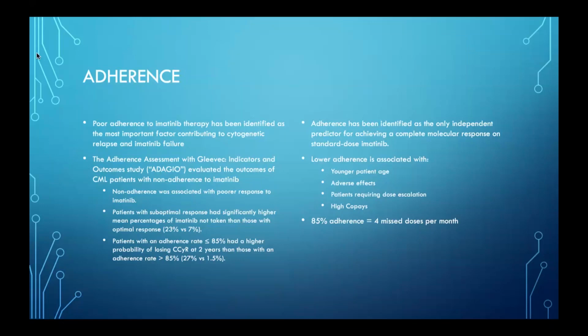In terms of trying to think who is at risk for non-adherence, we would be thinking of patients who are younger age, those experiencing adverse effects, those requiring a dose escalation, or people with high copays. And so this is something that should be emphasized essentially whenever we're starting therapy, and then any kind of break point where we might be seeing a patient who is having a suboptimal response or experiencing side effects, we should be continually screening for adherence.